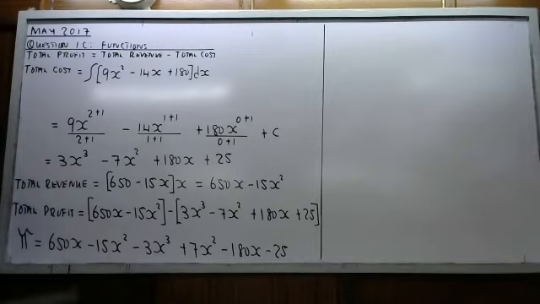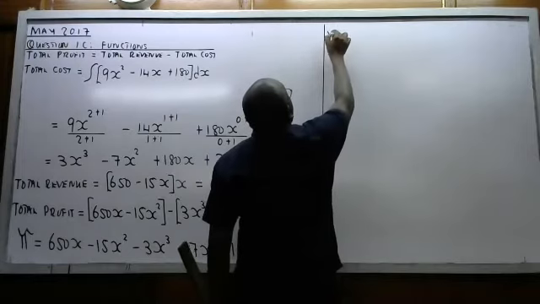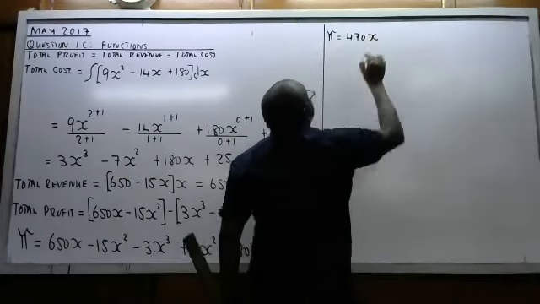Putting items together, 650 minus 180, you get 470. So pi is equal to 470x.